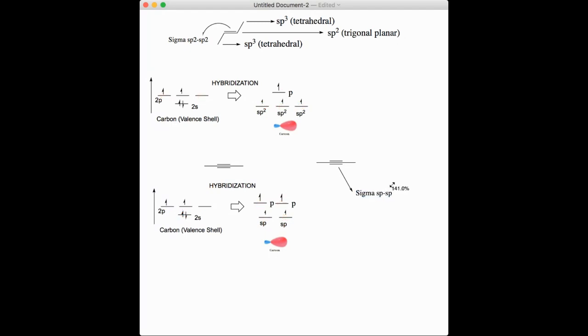Why is that? Because once again, before carbon bonding to any other atom, the atomic orbitals of carbon will be hybridized. So the only thing that you need to look at is how many pi bonds I have in that carbon. If I have none, the four atomic orbitals will be hybridized. I get 4 sp3. If I have one pi bond, then only three atomic orbitals can be combined, so I get 3 sp2.